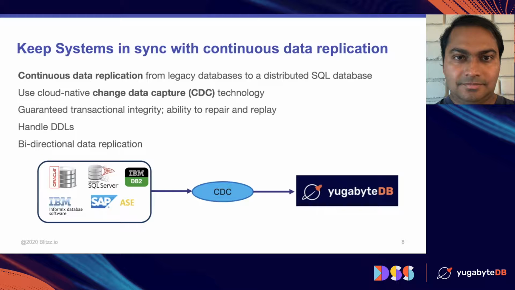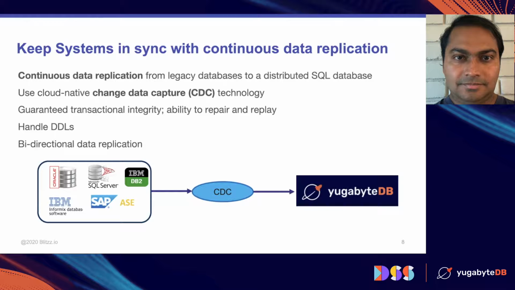So the way to keep both the transactional systems in sync is to do continuous data replication from the legacy systems to a modern distributed database. And in this case, we just chose Yugabyte as an example, because of the feature richness of Yugabyte and the fact that it qualifies as a modern cloud native database.